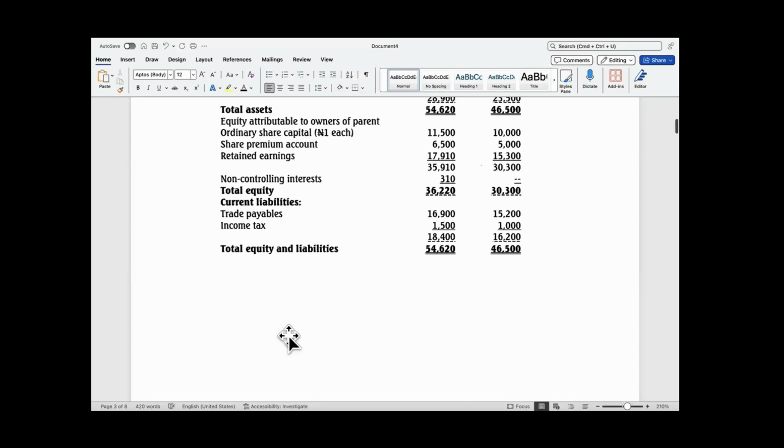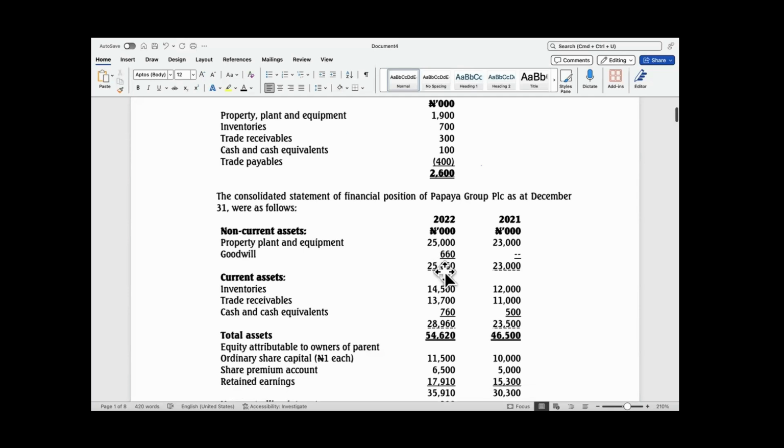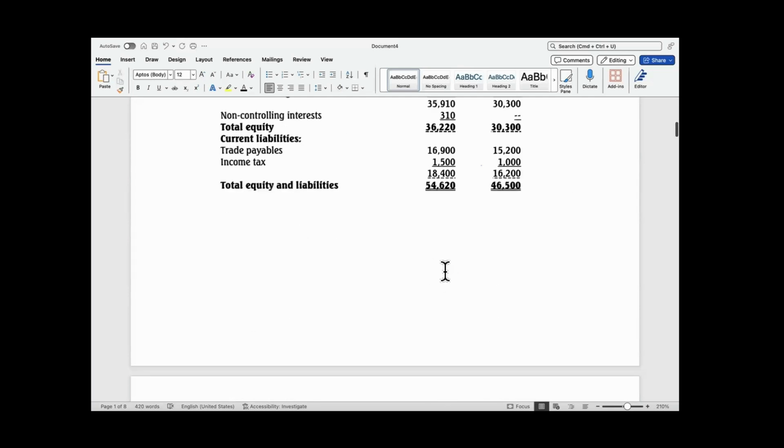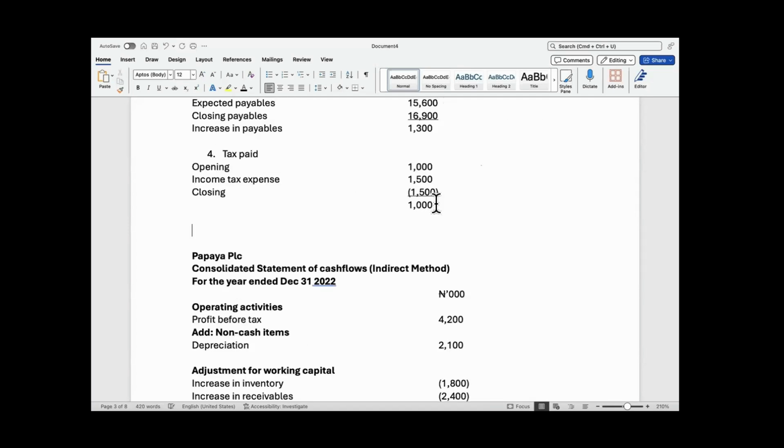For my PPE, you have to do that movement, which will be the opening plus additions. They told us there was no disposal. Minus depreciation, then you should get the balance.